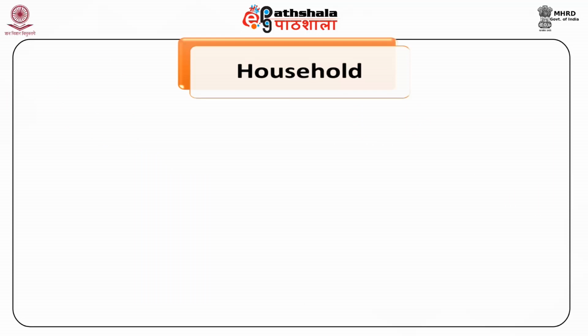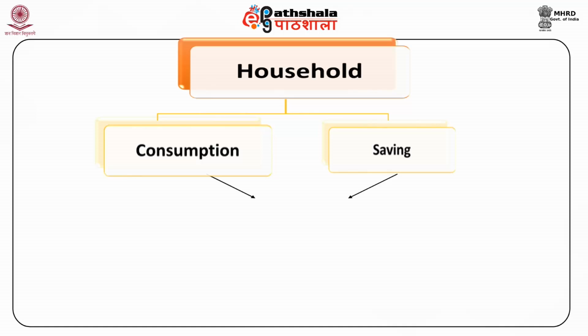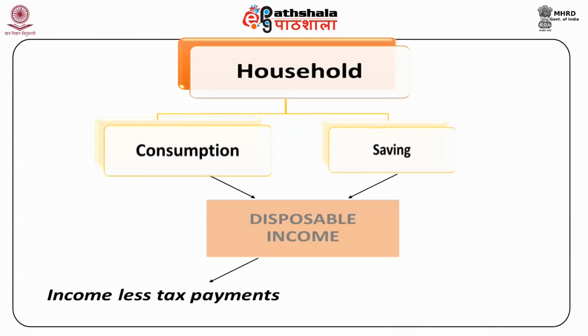It should also be noted that for the household, consumption and saving decisions are based on disposable income. The disposable income is income less tax payments, that is, the income that is left for final disposal.